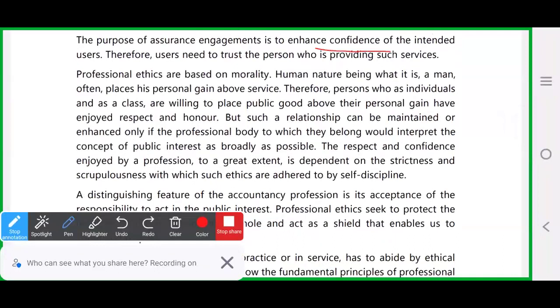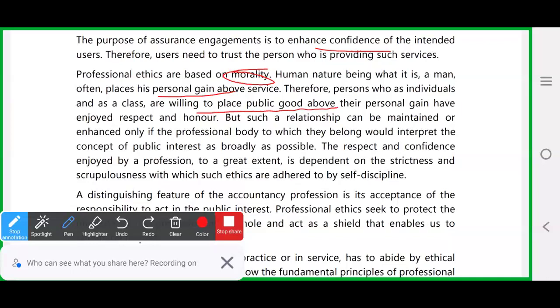So professional ethics are basically based on morality, human nature being to place personal gain above service. Therefore, individuals are willing to place public good above their personal gain.